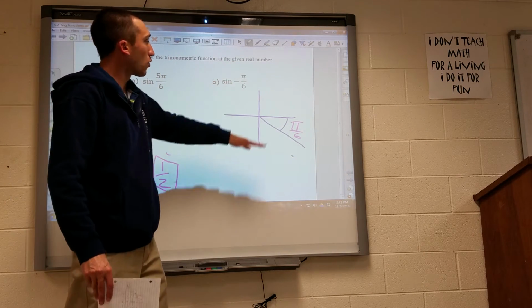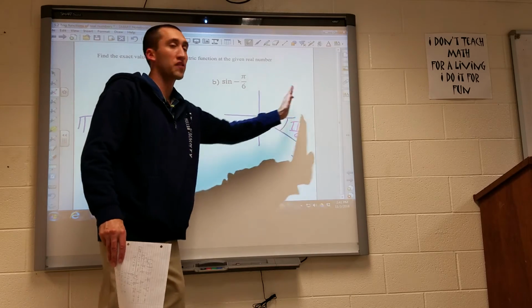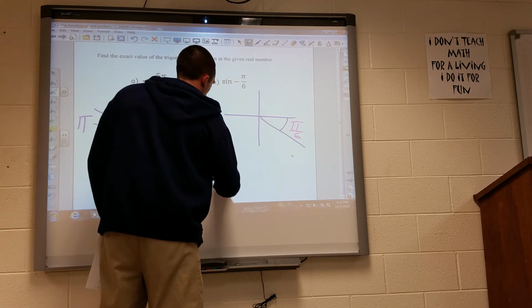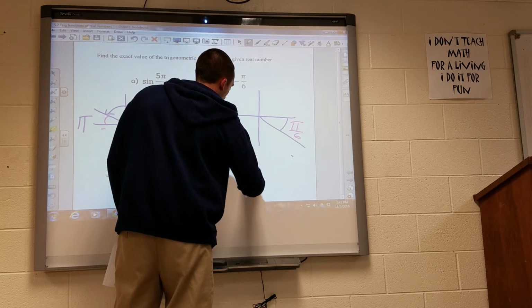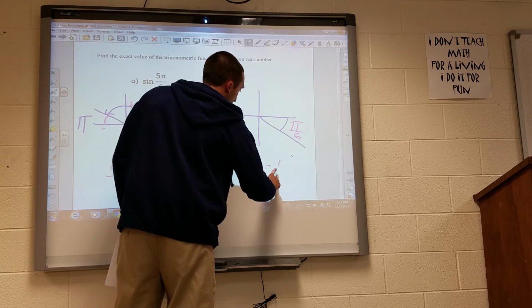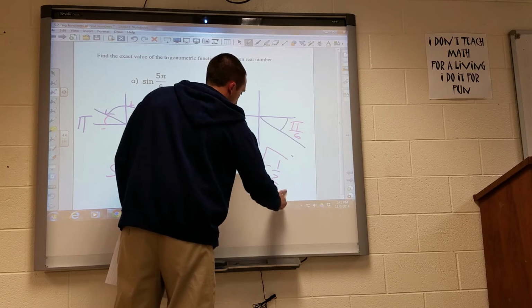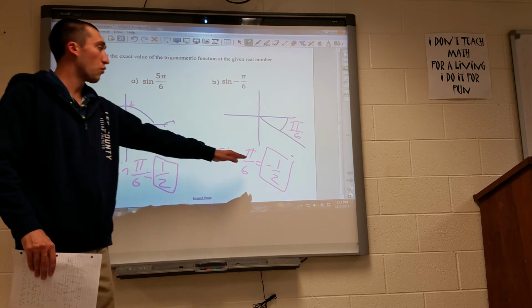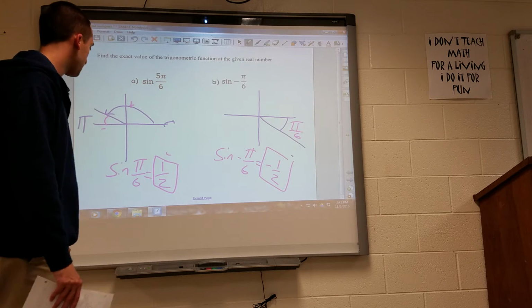Since sine corresponds to y, cosine corresponds to the x values. So sine of negative pi over 6 is a negative 1/2, since negative pi over 6 is in the fourth quadrant and y is negative in the fourth quadrant.